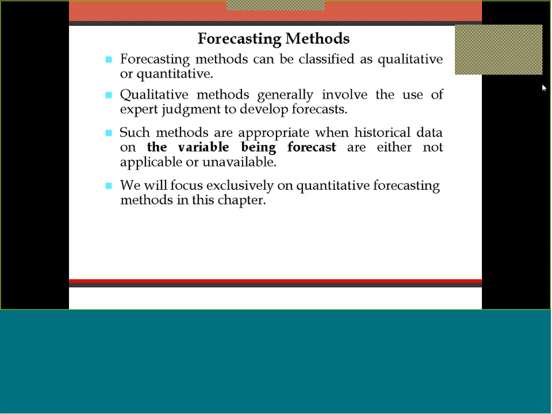So, if the historical data on the variable being forecast are either not applicable or unavailable, generally we use qualitative methods, but in this chapter we only concentrate on quantitative methods.